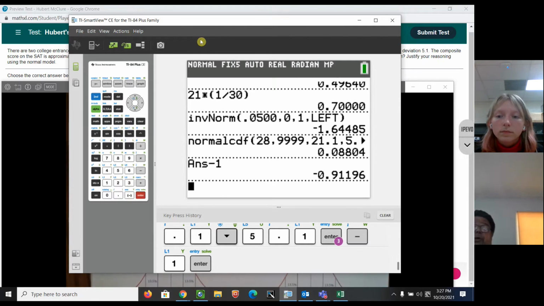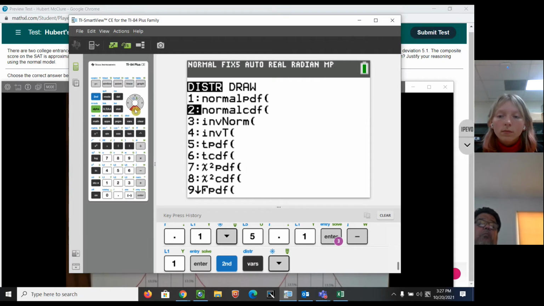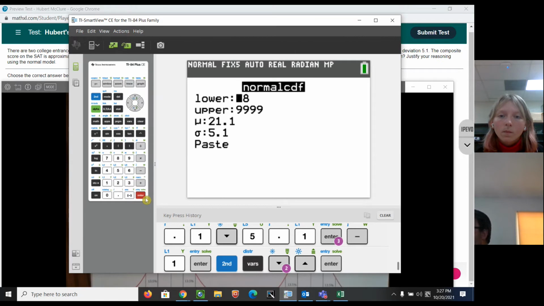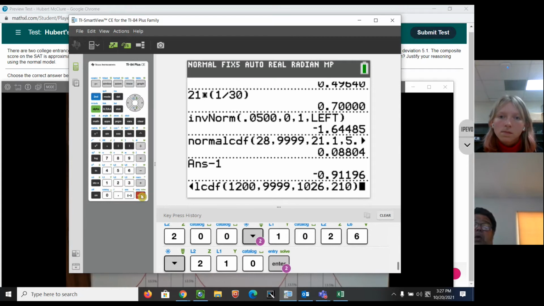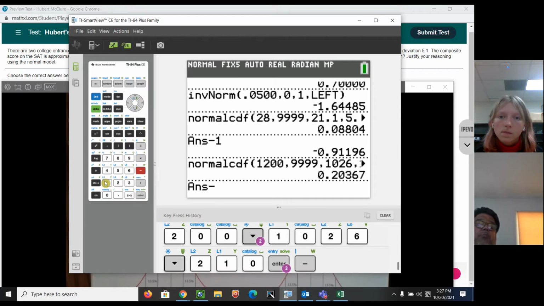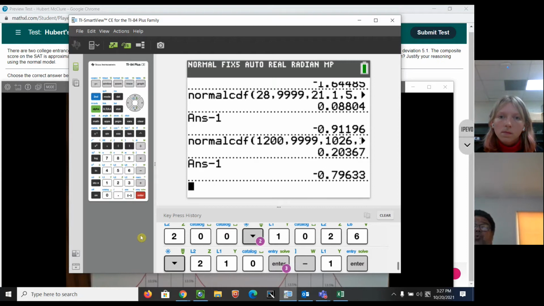So let's see what the 1200 is. Second bars, normal CDF, and I'm going to go from 1200 to 9999, and I got a 1026, and 210 was my standard deviation, and minus 1, ooh, 79th percentile.